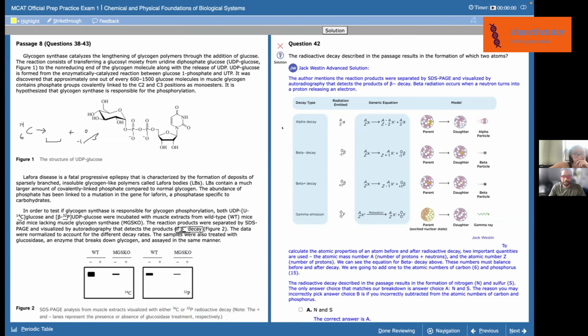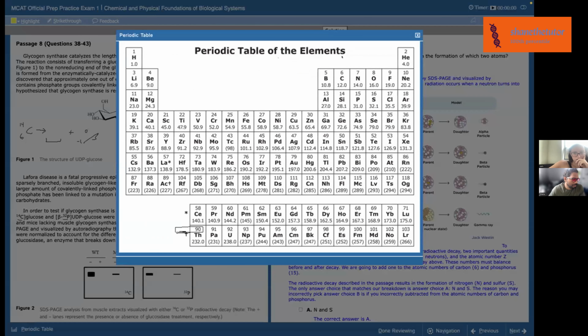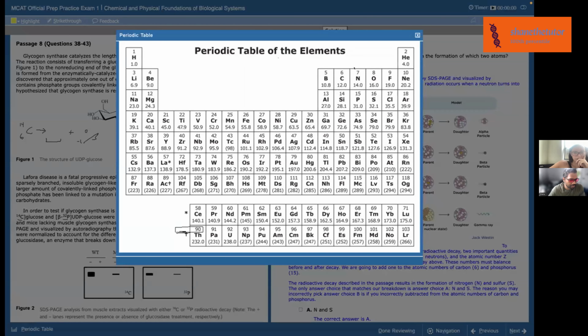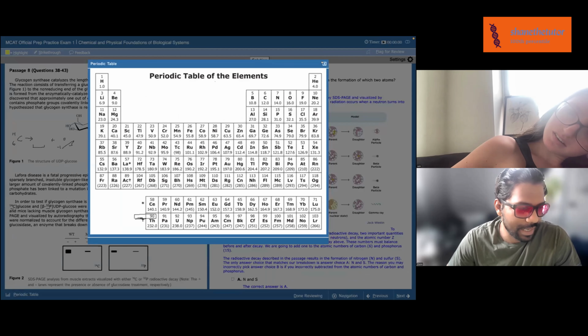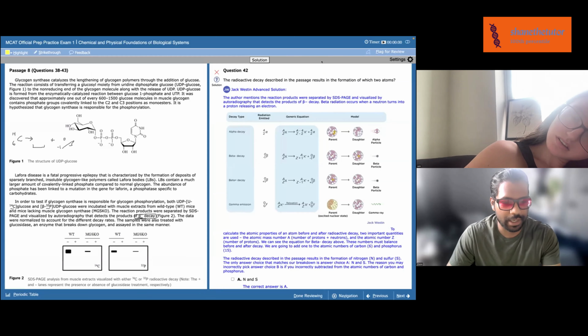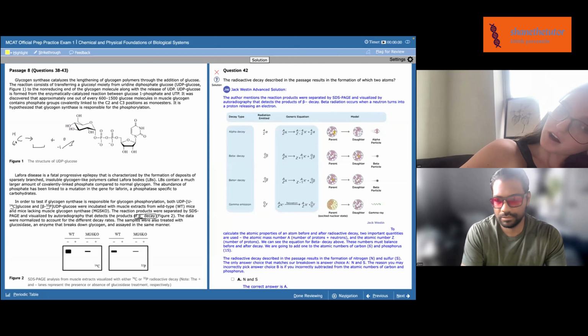It would have a -1 charge, but the 14 stays the same. I see 14 here. So everything on the left, the numbers on the left, have to equal the numbers on the right. So 14 and 5.